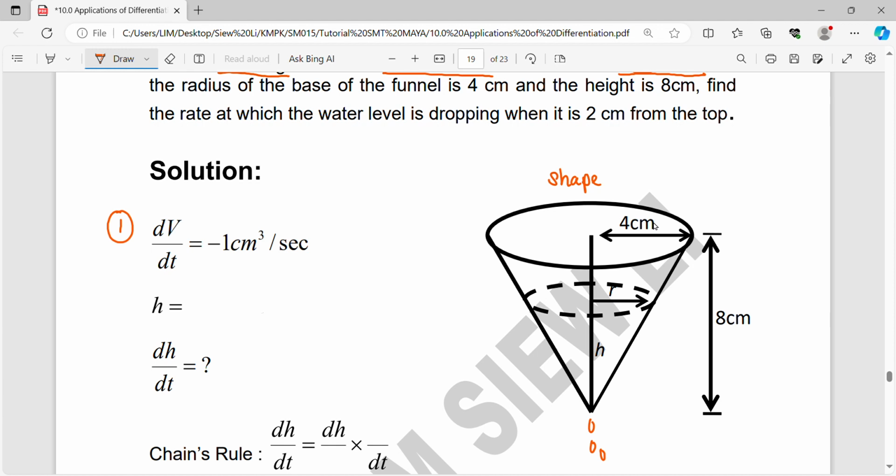So for this 4 cm and 8 cm funnel, it's a constant. As your water comes out, your container will not get smaller. Your container will maintain as usual. So 4 and 8, this one is your constant, which is your cone shape, your container variable for the radius and the height.